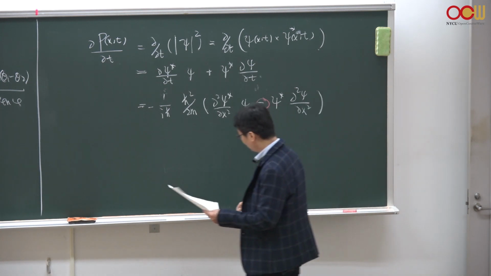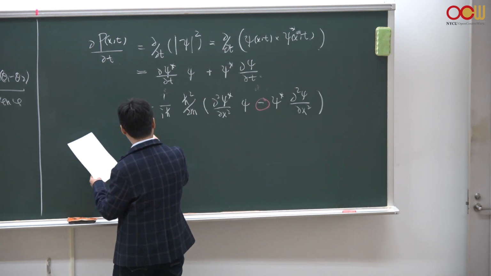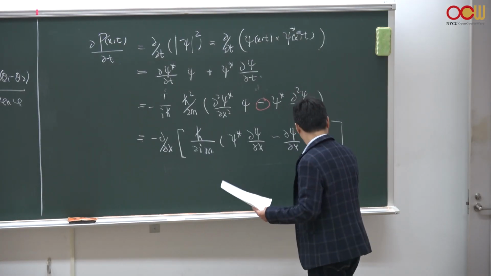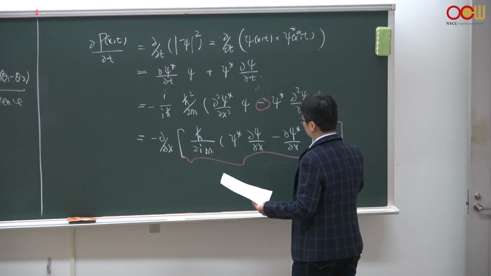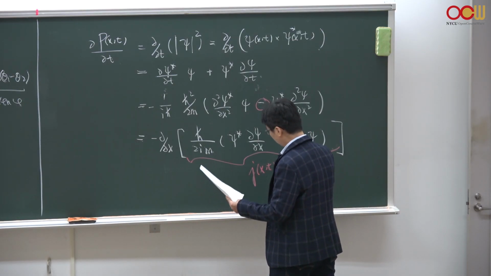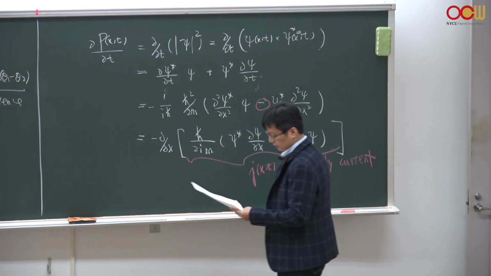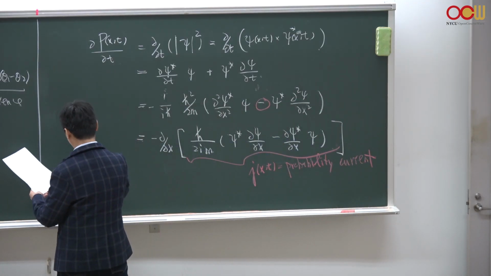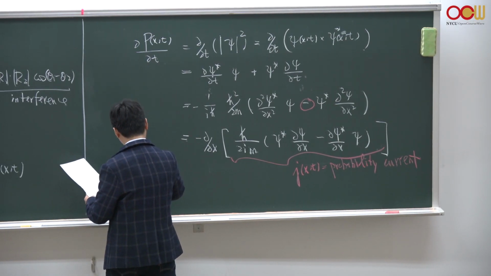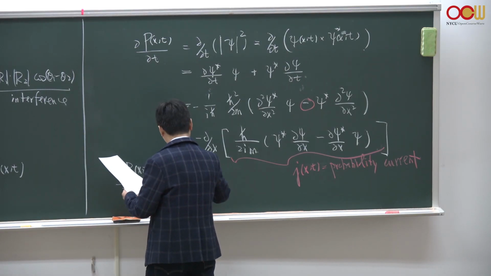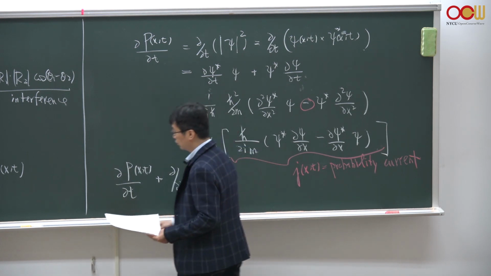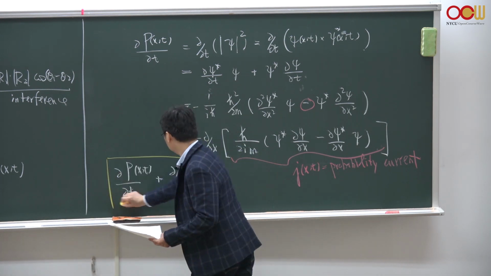All right, so good. Then we could rearrange this term and define the so-called probability current. The stuff inside the bracket is called the probability current, J(x,t). You could use this definition to rewrite the partial time derivative of the probability P in a way that has the same form as the so-called continuity equation in your classical mechanics.